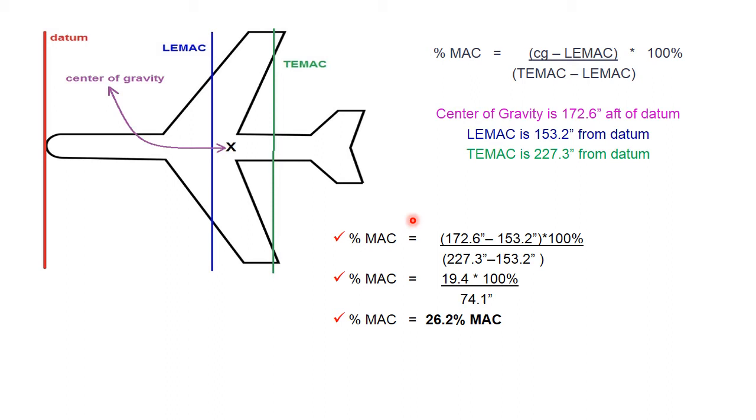After performing the subtractions in parentheses above and below the divisor line, we get 19.4 times 100% divided by 74.1. Then after performing the necessary multiplication and division, we get our center of gravity expressed as a percent of MAC is equal to 26.2%.